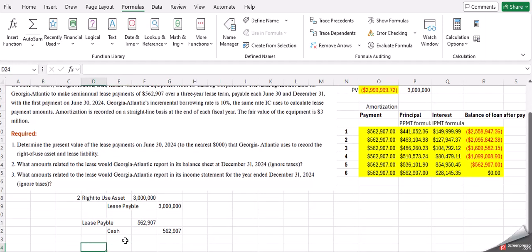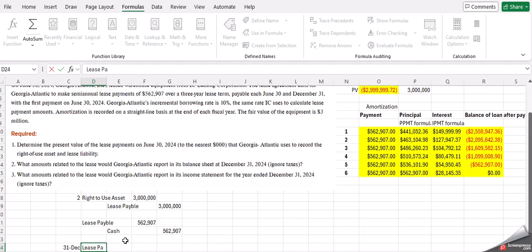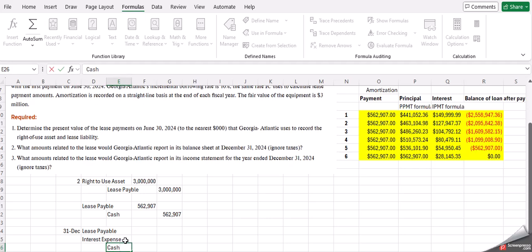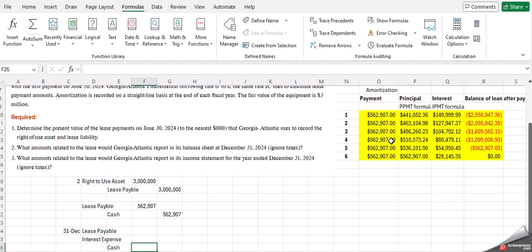Then at the December 31st entry, that is when they're going to have the allocation between the interest and then the cash. And I think if I go back, so this is going to be the first payment, but my interest is not quite exactly right, I think because I made this payment in advance.